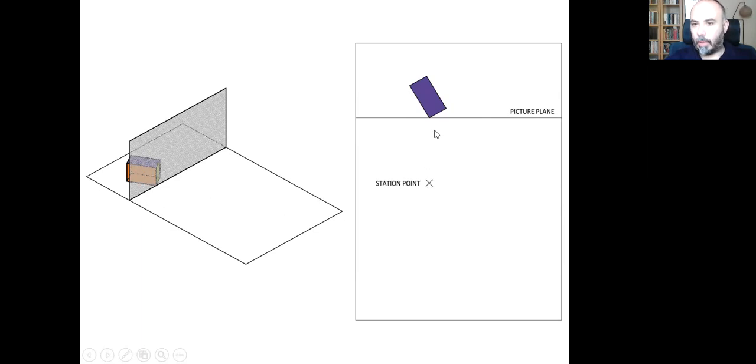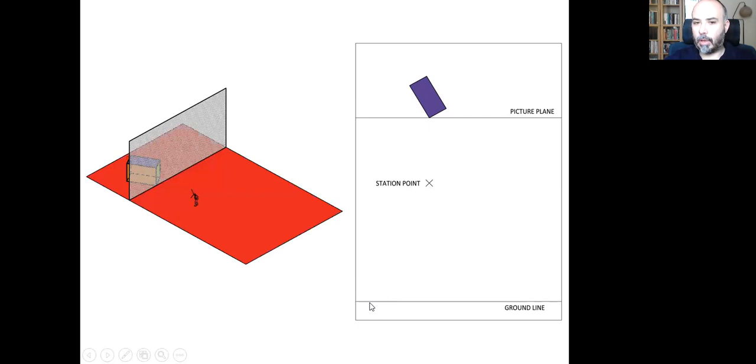And after that, we determined a point which we called a station point. It is, in fact, the position of the man who is standing in front of this object, looking through this screen at the object from this point. This is where the man is standing, its station point. As you remember, we drew a ground line.